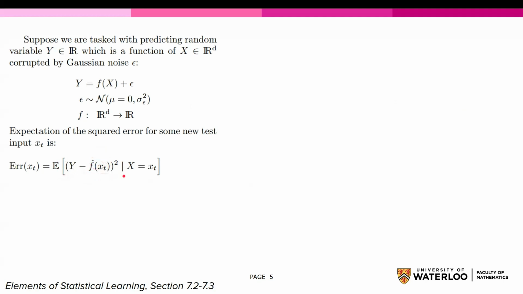This is effectively saying, if we were to fit a bunch of models, what error would we expect to see for some arbitrary input x of t? The proof of this is actually on assignment 3.